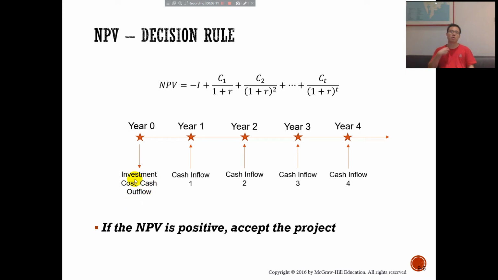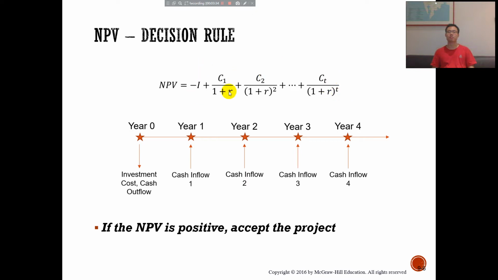So we spend money on the investment so that we can initiate this project, and hopefully the project can bring us cash inflows in years 1, 2, 3, and 4. The NPV calculation is simply the present value of the subsequent cash flows.